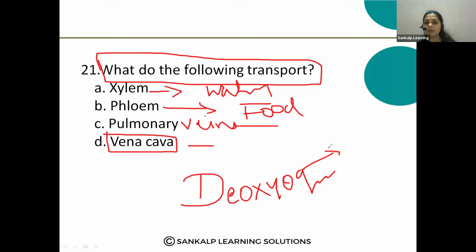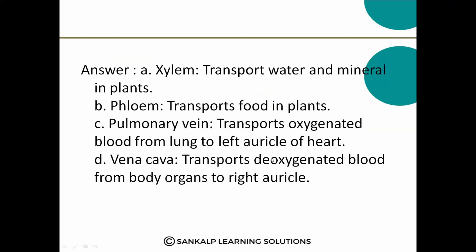So the deoxygenated blood is carried to the heart by the vena cava. Yes, vena cava. Note down the answer.